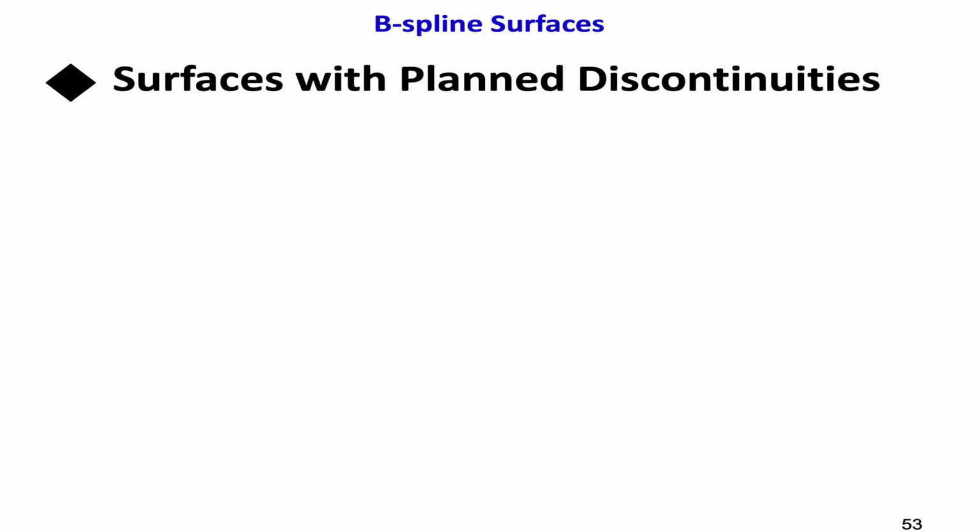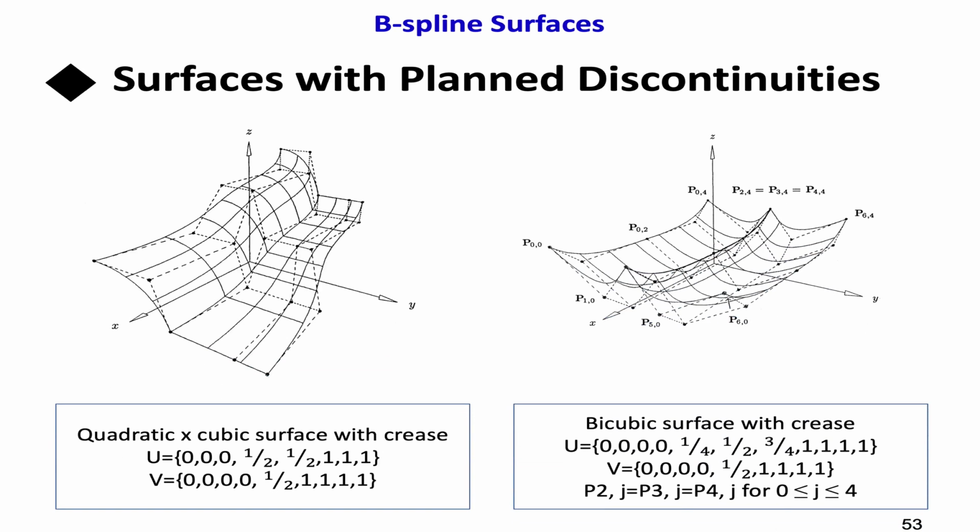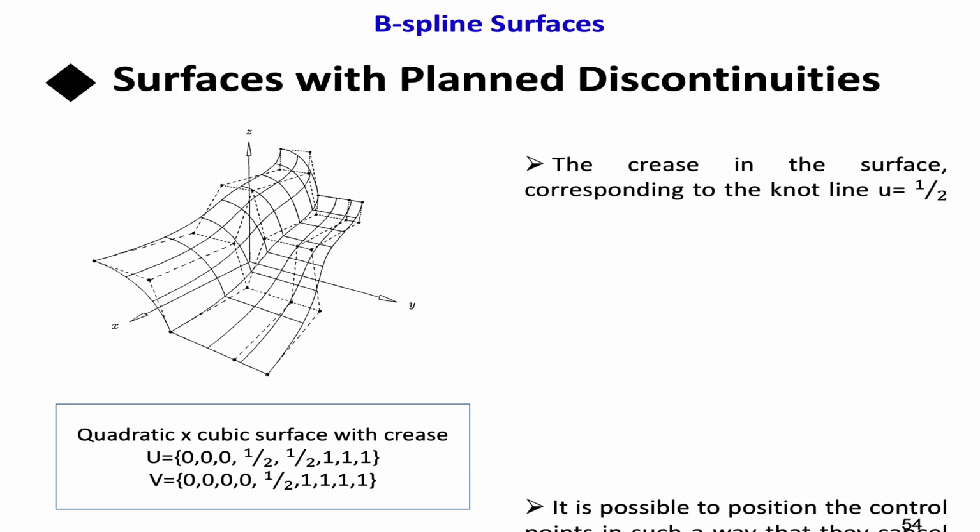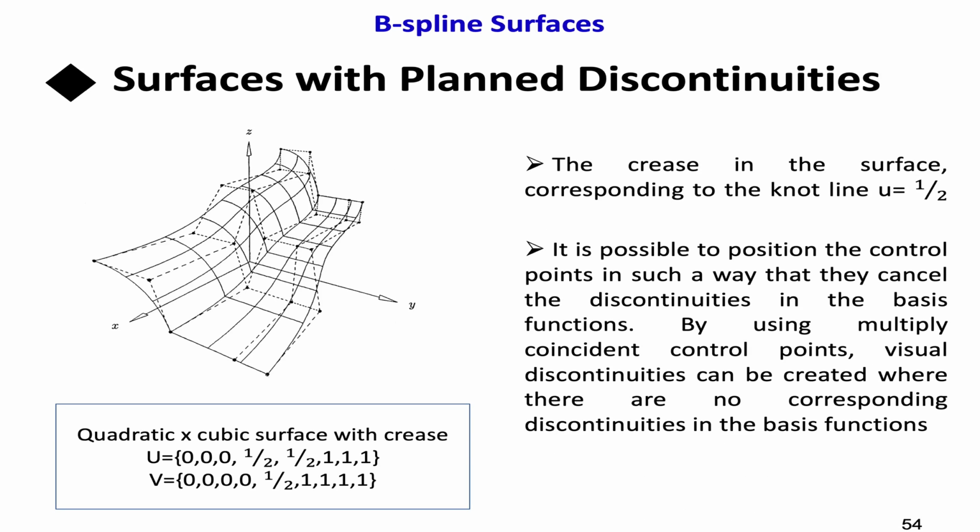Now surfaces with discontinuities. In these two pictures, the left one is a quadratic by cubic surface with a crease with these two knot vectors, and the right one is a bicubic surface with a crease with these two knot vectors, where P2,j equals P3,j equals P4,j, with j ranging from 0 to 4. Let's discuss them individually. At first, in this picture, the crease in the surface corresponds to the knot line where u equals a half.